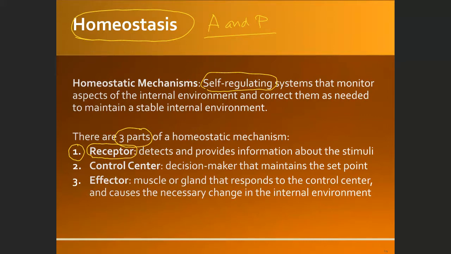From the receptor, the information will be carried into the control center. The main control center in the human body is the brain.